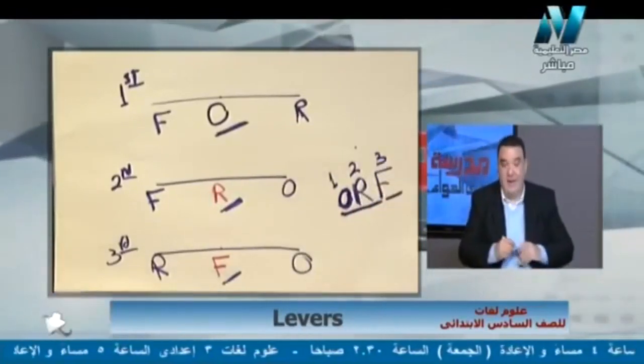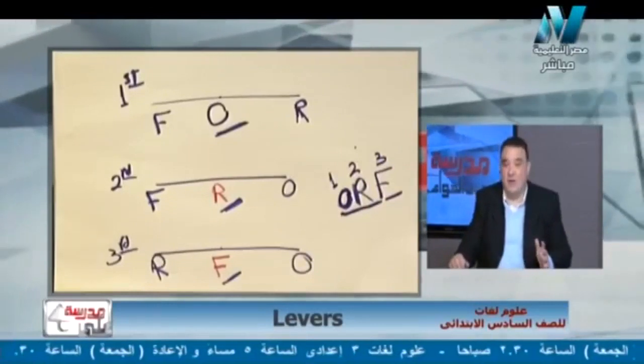So again, I can make a definition easily for each one of them, or I can recognize and determine the type of lever easily by determining only the middle point. I can determine the type of any lever by determining who is in the middle. If O is in the middle, of course the sides don't matter. Here in the first drawing I drew O in the middle and F and R on the two sides. F on the left or the right doesn't matter at all, R on the left or the right also doesn't matter at all. I only care who is in the middle.